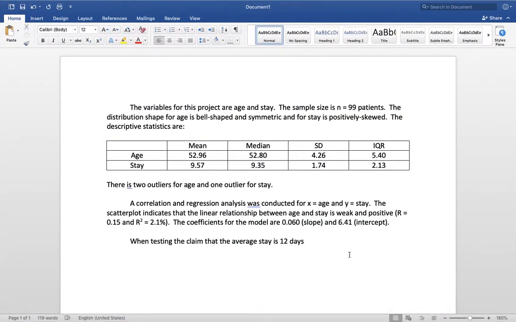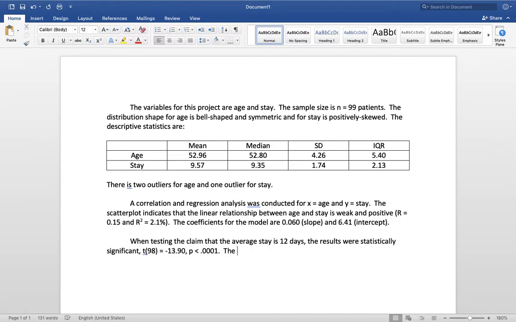So when testing the claim that the average stay is 12 days, the results were statistically significant. And here's where you put in the fancy stuff. So the t-statistic equals negative 13.90, p less than 0.0001.